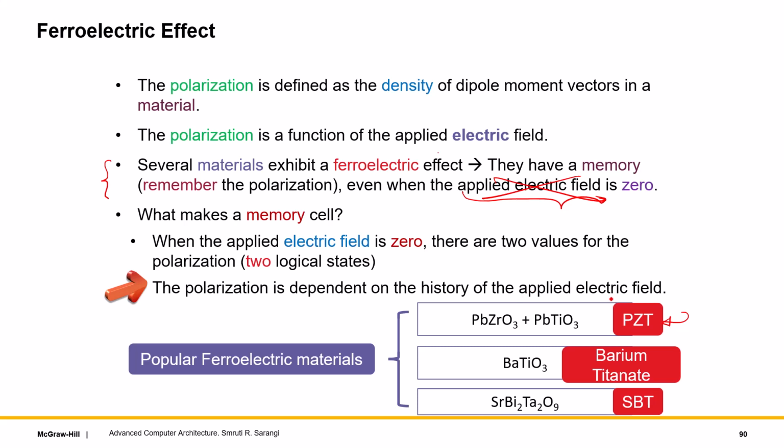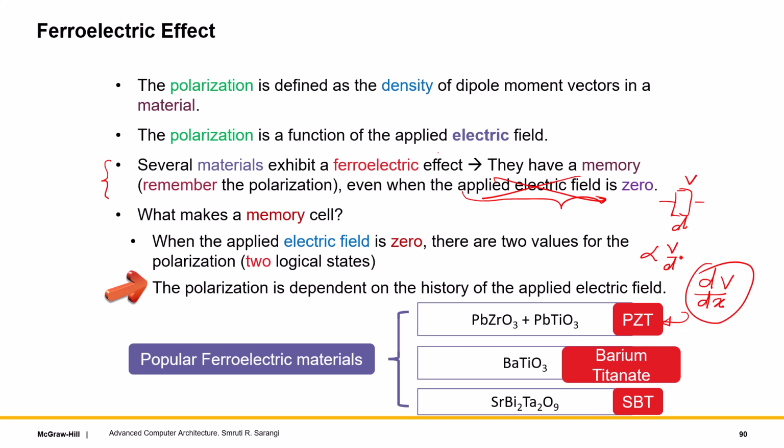Sorry, just a small quick correction. The electric field is proportional to the space derivative of the potential. So if this is the material and the voltage across it is V, and let's say that it degrades uniformly, and the separation is D, then the electric field is proportional to V by D. It's actually the negative space derivative, but I'm including the minus one in the proportionality sign.